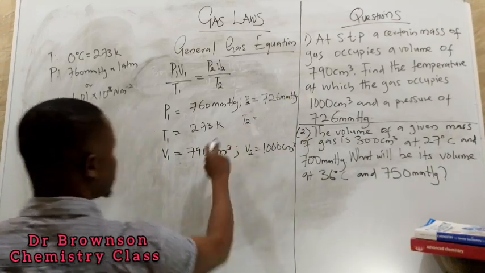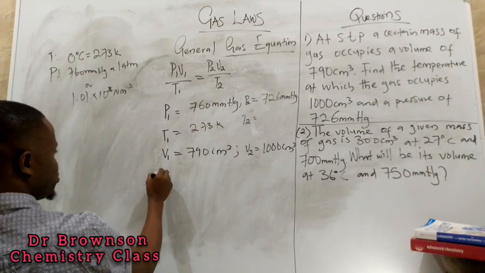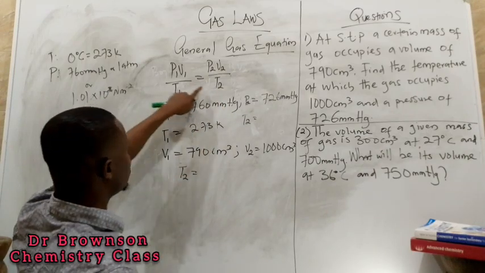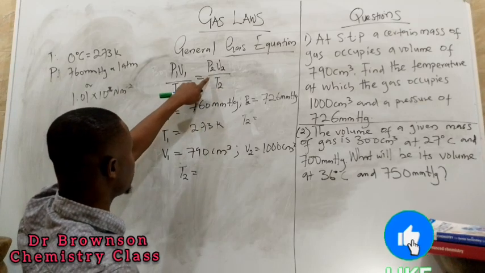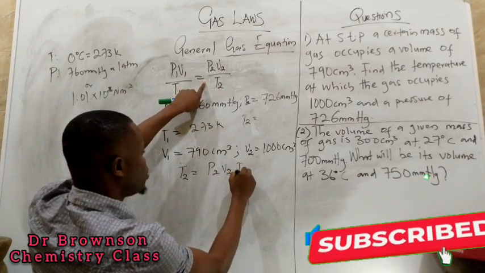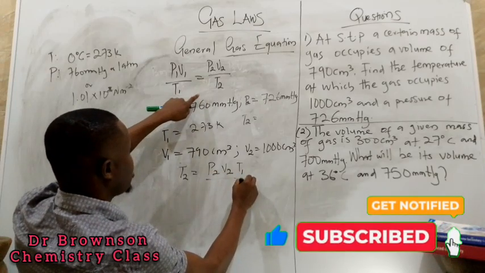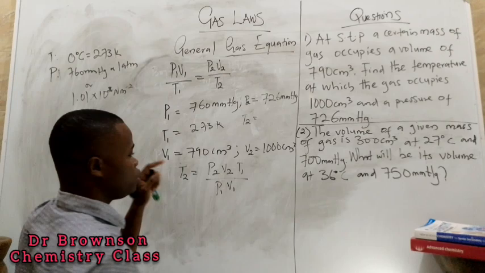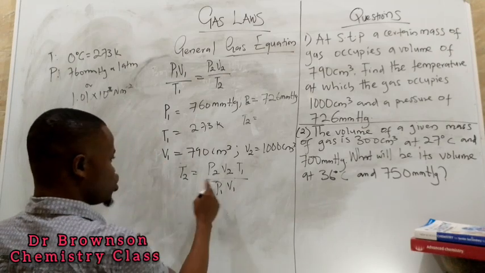So make T2 the subject of the formula. T2 is equal to P2 V2 T1 over P1 V1. The next step is substitution.